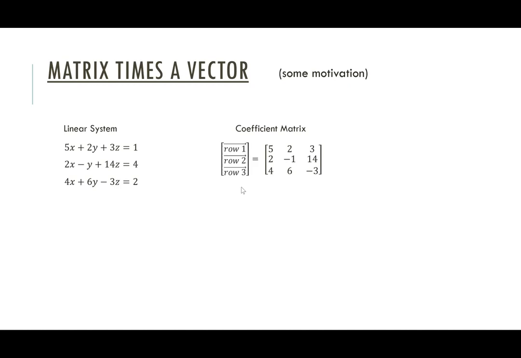I'm going to write it in terms of its rows. So think of each row as being its own vector. This row 1 vector would be 5, 2, 3. This row 2 vector would be 2, negative 1, 14. And this row 3 vector would be 4, 6, negative 3. And so we think of this coefficient matrix as 3 row vectors stacked on top of each other.